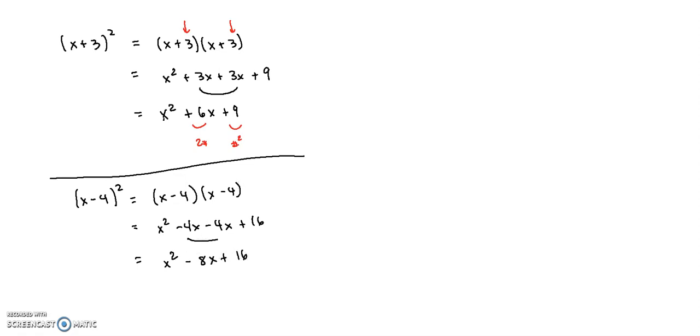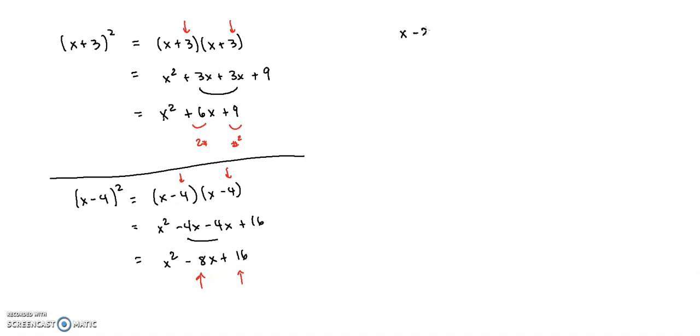Now look at what we have. These are our two numbers. So negative 4, we've got double in the middle, and then negative 4 squared will be positive 16 on the end. So it's always double in the middle, square on the end. So if you forget that, just FOIL it out. But if you notice that, you can do these a little faster.